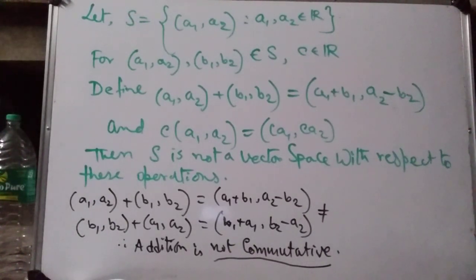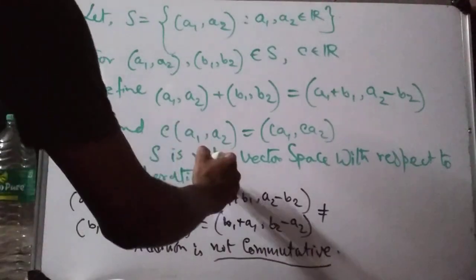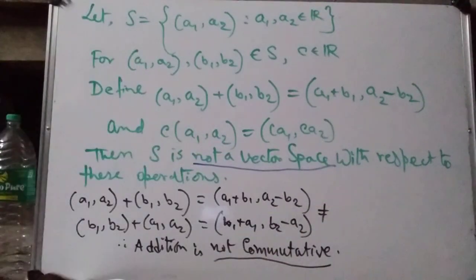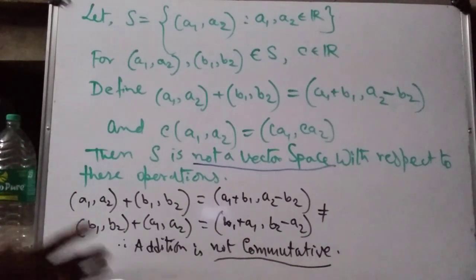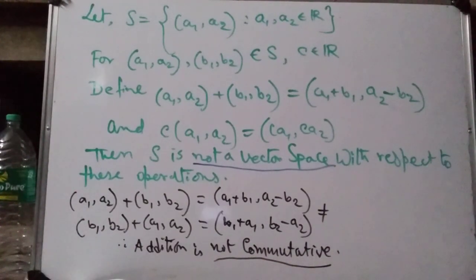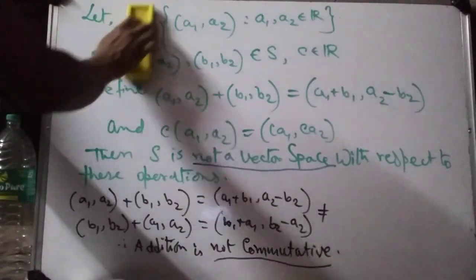That means this is not a vector space. Understood? This is an easy problem, obviously understood by all, and we discussed it in a simple way. So not a problem at all. We'll erase that portion and go on to further discussion.